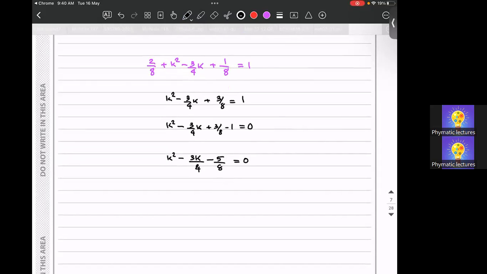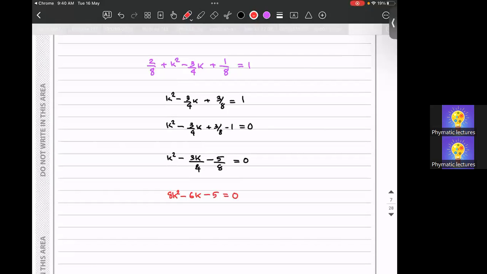Now you can make it into a beautiful quadratic equation, because for a quadratic equation we usually try to avoid the denominator part. So you multiply this completely with 8. So what happens? It becomes 8k square minus 6k minus 5 is equal to 0.